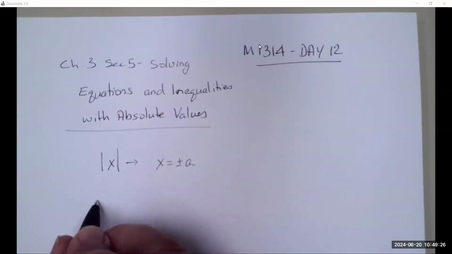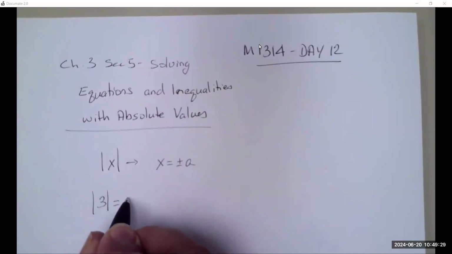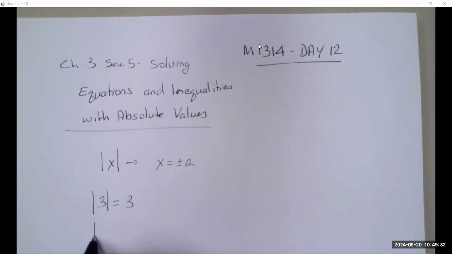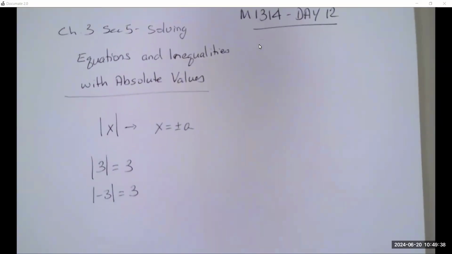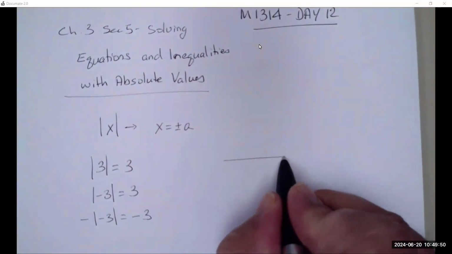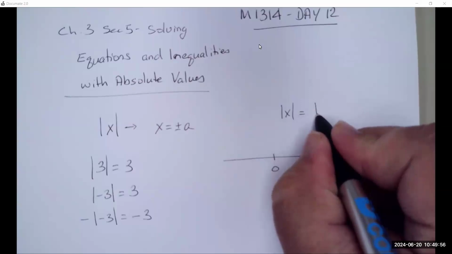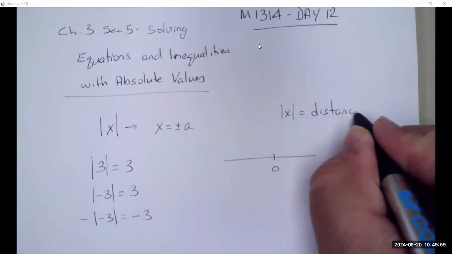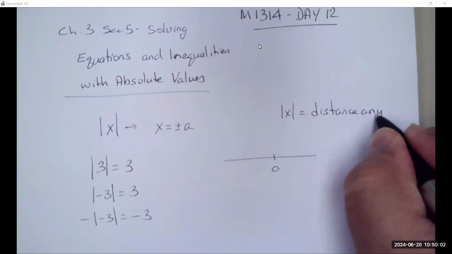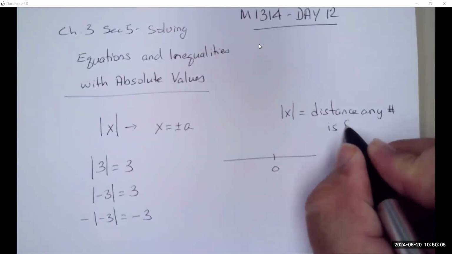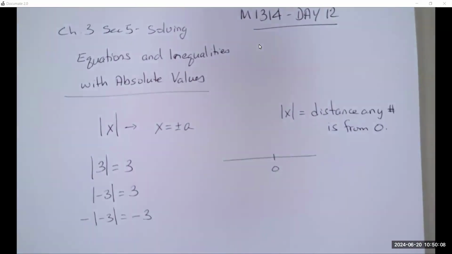So if I had the absolute value of 3, the answer is 3. If I had the absolute value of -3, the answer is 3. The negative absolute value of -3 is -3, because basically the absolute value is the distance any number is from 0.